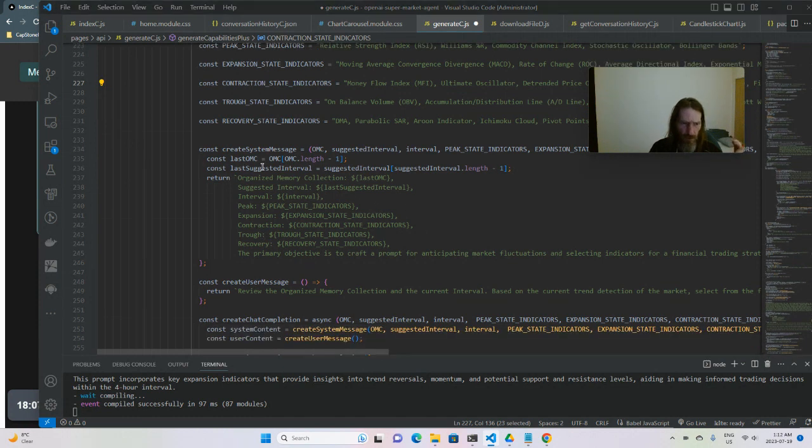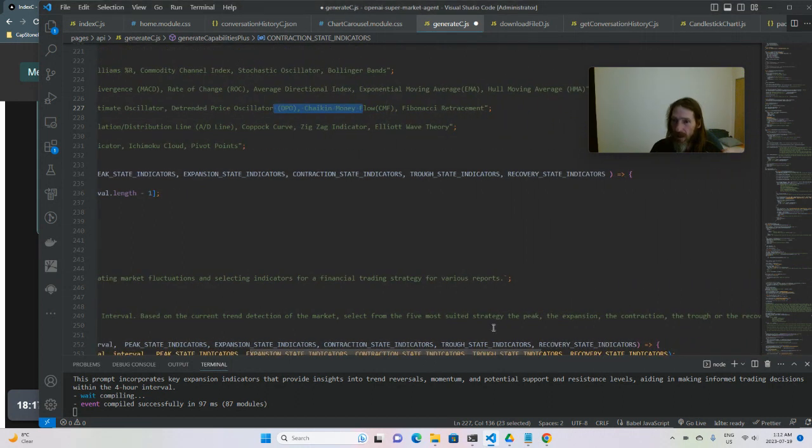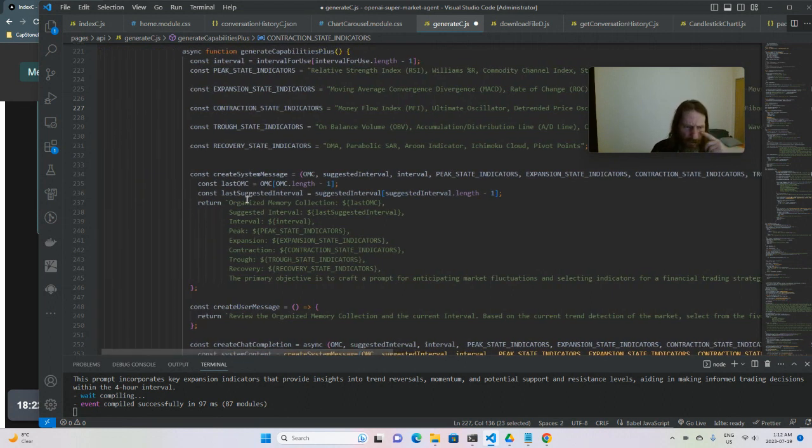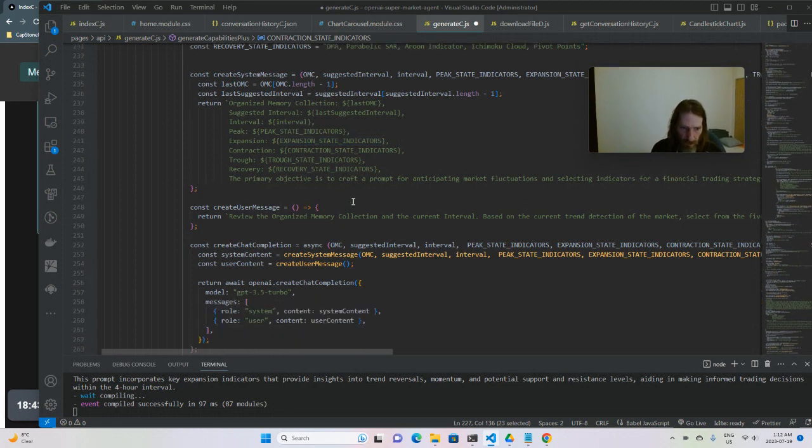Right, so where am I at here? Create system message. Okay, system message, and then this is the object, and return. So I'm integrating it, preparing the prompt here. Okay, so we'll just continue.